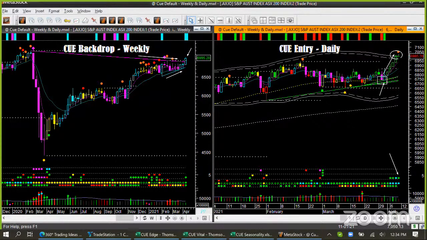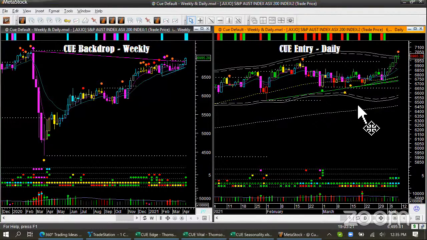I am not a breakout trader. Either I would have bought at the swing low, or I may now wait for the price to pull back and then go up again, giving me a low risk entry. AXJO was moving sideways and now it has broken out to the upside.